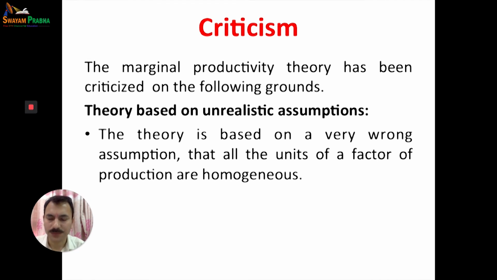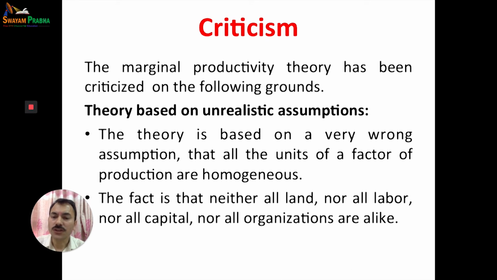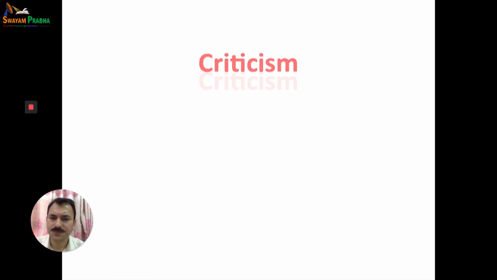All factors of production, say capital, cannot be homogeneous in nature. So this is one of the important criticisms of the wrong assumptions. Neither all land, nor labor, nor capital, nor even entrepreneurs can be identical or similar. There will be differences.